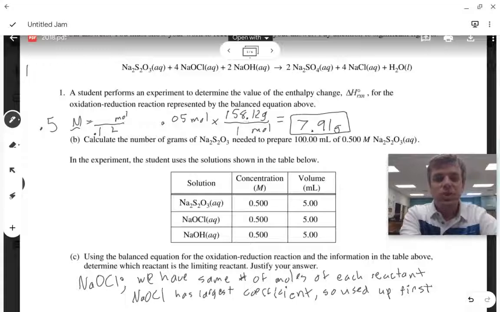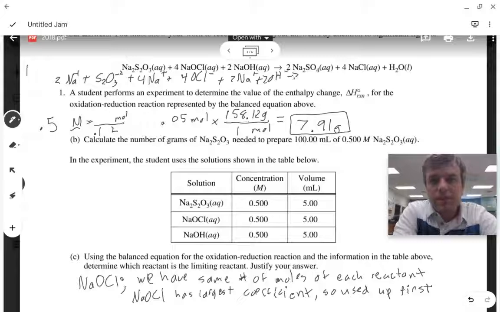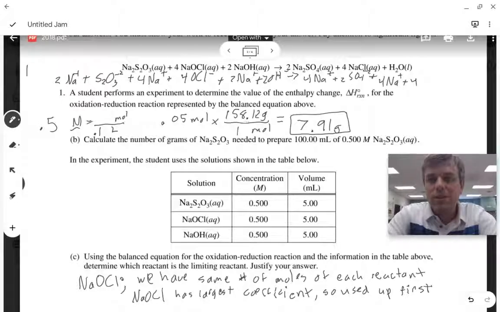And that's a little bit trickier because when you break this up, you get 2 Na pluses plus an S2O3 with a -2 charge plus 4 Na pluses plus 4 OCl minuses plus 2 Na pluses plus 2 OH minuses, and that will yield 4 Na pluses plus 2 SO4 -2s plus 4 Na pluses plus 4 Cl minuses plus an H2O. That's a complete ionic equation.